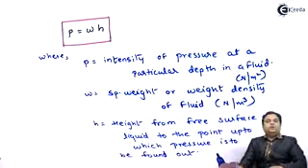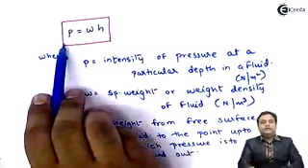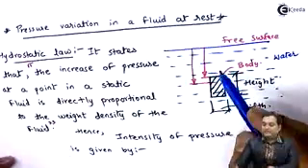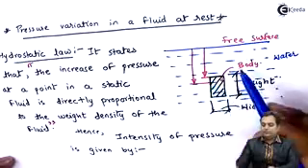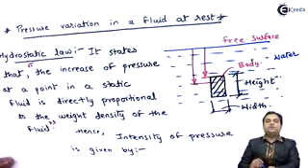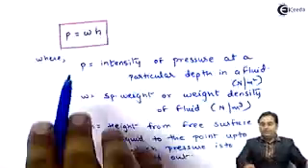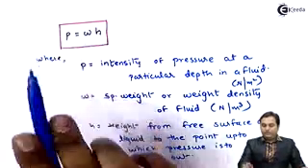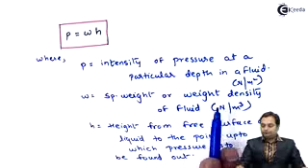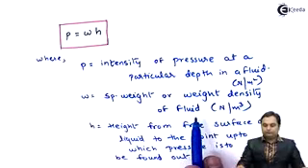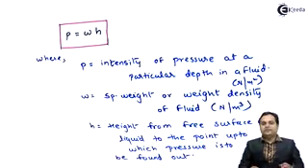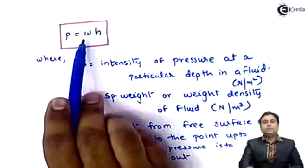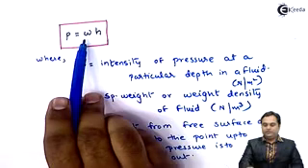So now here I have written the relation, that it means if we want to find out pressure at any given height for this body, that pressure can be found out by using the formula W into H, where W is the specific weight or weight density of the fluid, because as per hydrostatic law, the pressure intensity is directly proportional to the weight density of the fluid.